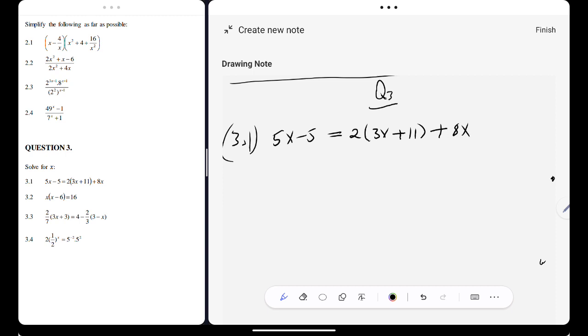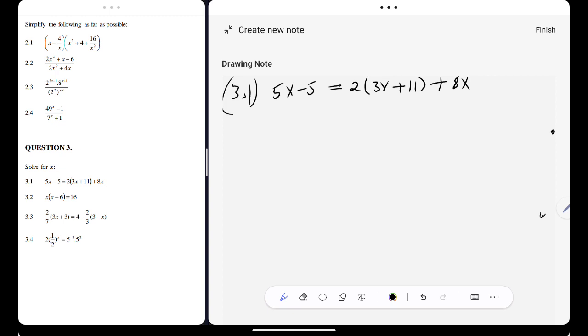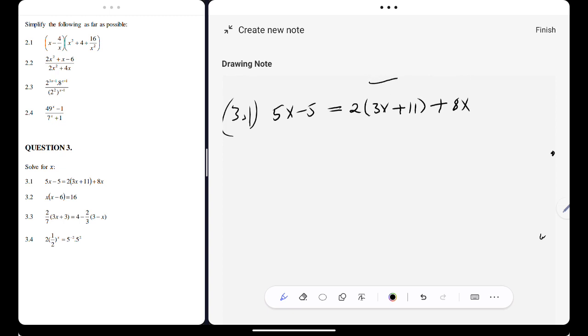Whenever I'm solving x, all I need to do is to remove my fractions, brackets and sets if I have them. Are you together? So I have 5x minus 5 is equal to 6x plus 22 plus 8x there. Are you together?